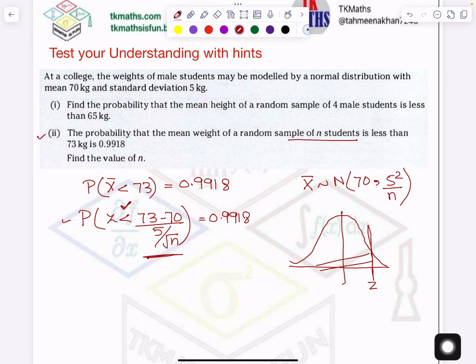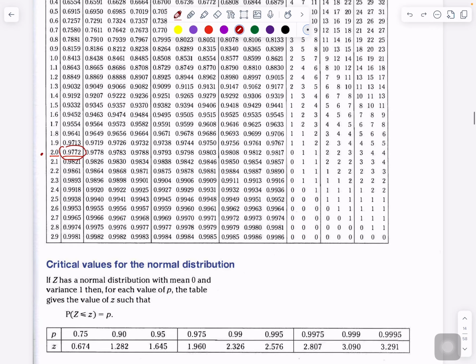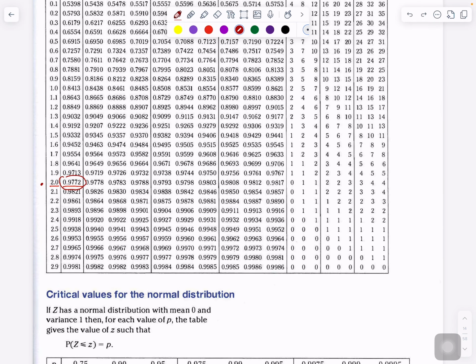So this is your 0.9918. So you have to find this z value. So let's check the table now. Okay, so in other words, 0.9918, let's check. Where is the table? Here.